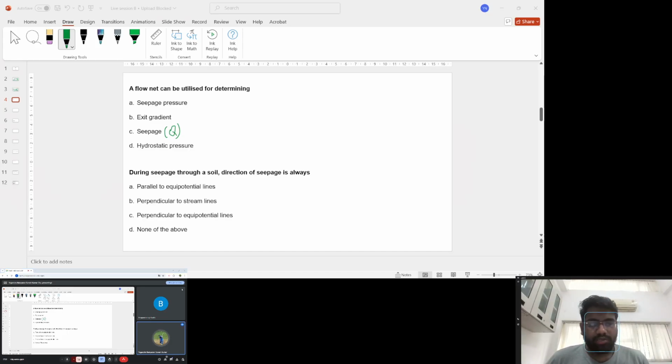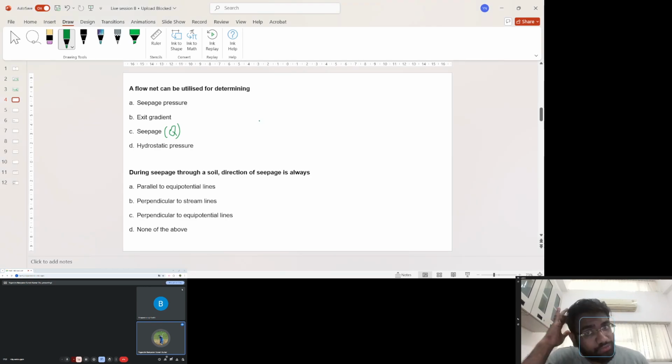Right. So coming back to the question, flow net can be utilized for determining seepage pressure, exit gradient, seepage and hydrostatic pressure. Coming to the first, A, seepage pressure is i into gamma w, that is seepage force per unit volume.